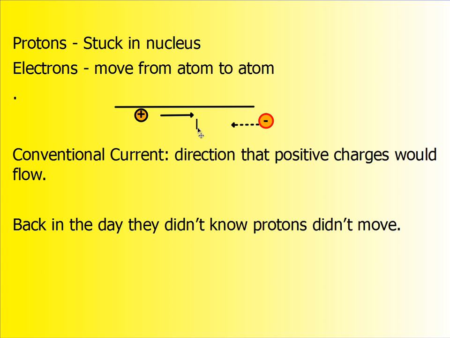They did not realize when they were coming up with these theories that the positive charges, the protons, were stuck in the nucleus, while it was the electrons that were lightly bound to the atoms and could move. So if I say a current is going to the right, that's conventional current. That's the direction a positive charge would move. But we know that electrons are what are really moving, and the electrons are actually moving in the opposite direction.